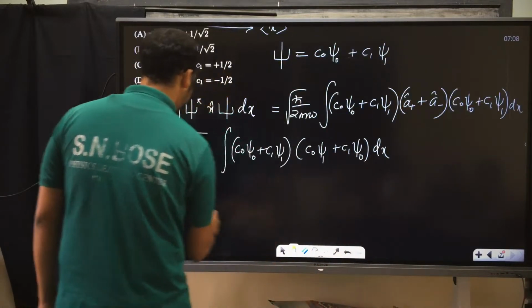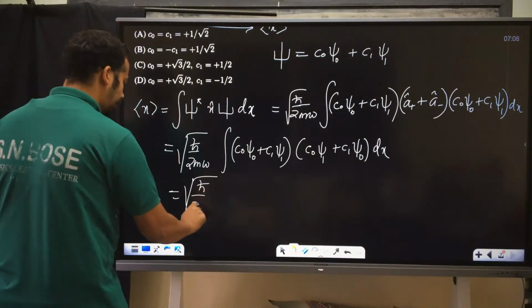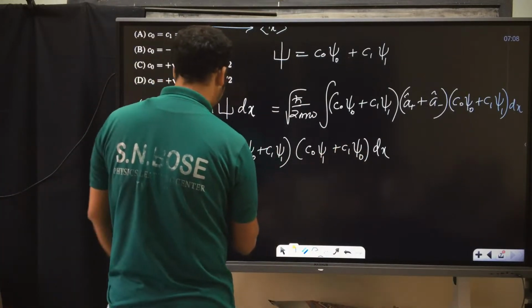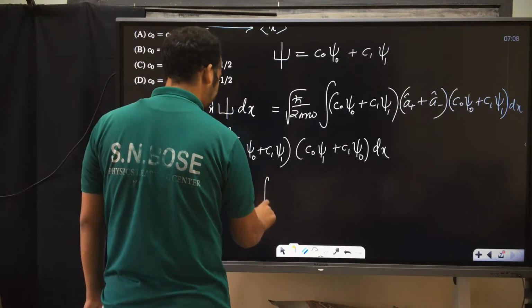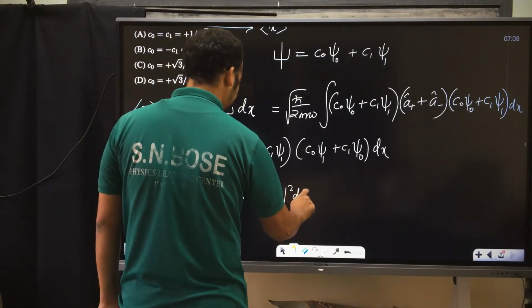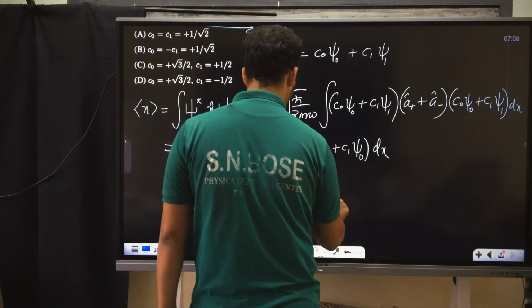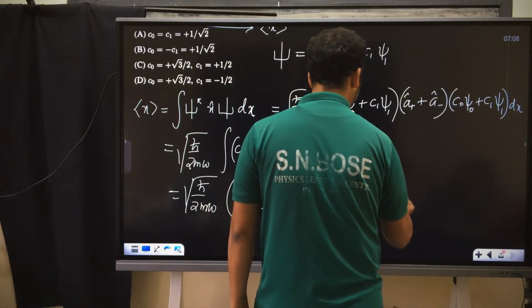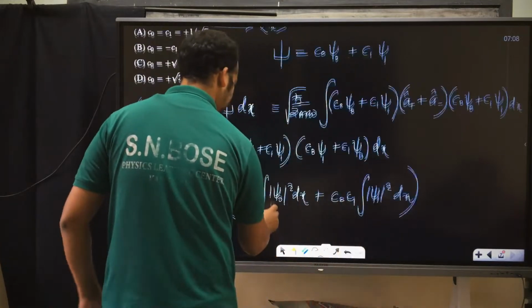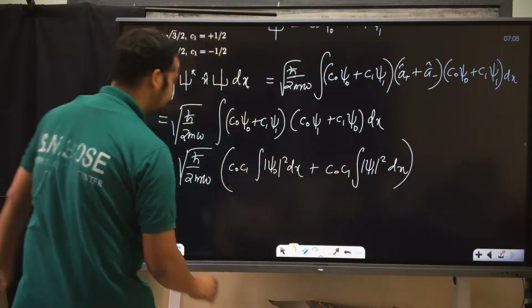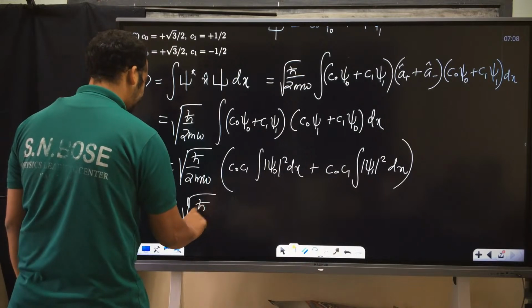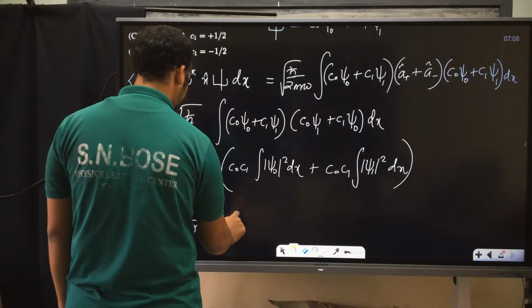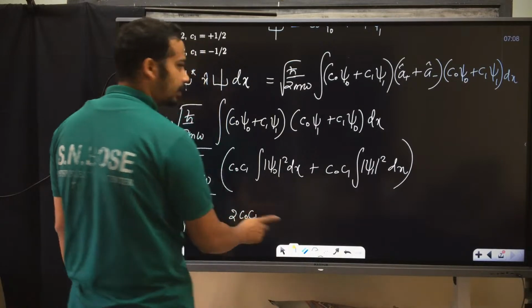That's equal to root of h bar by 2m omega. The psi naught term, you take it outside. C naught C1 integral of mod psi naught square dx, plus C naught C1 integral of mod psi 1 square dx. These are normalized, so we get 2 C naught C1 times root of h bar by 2m omega, if they are real.